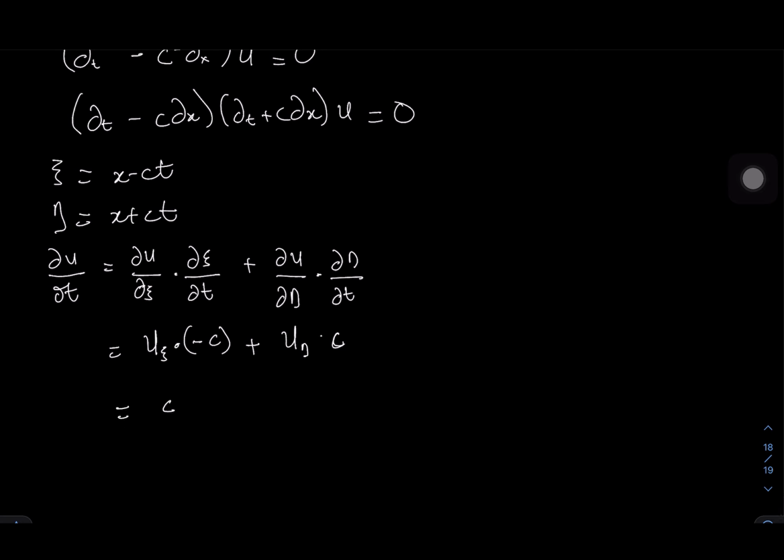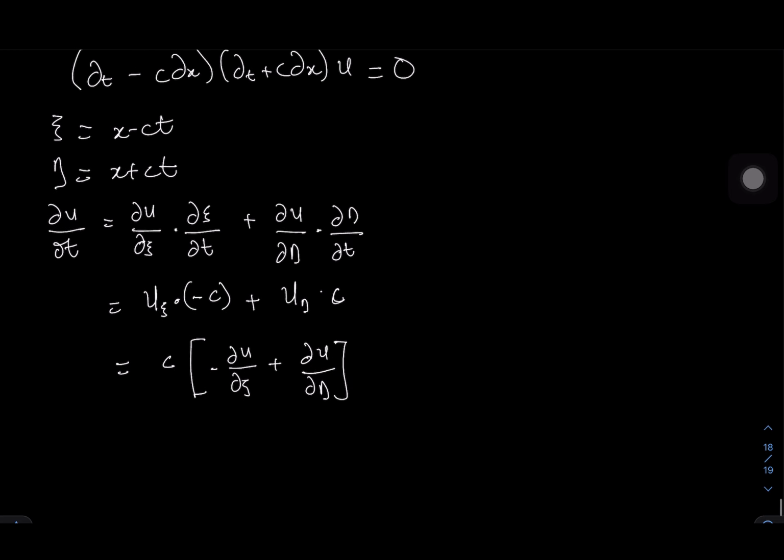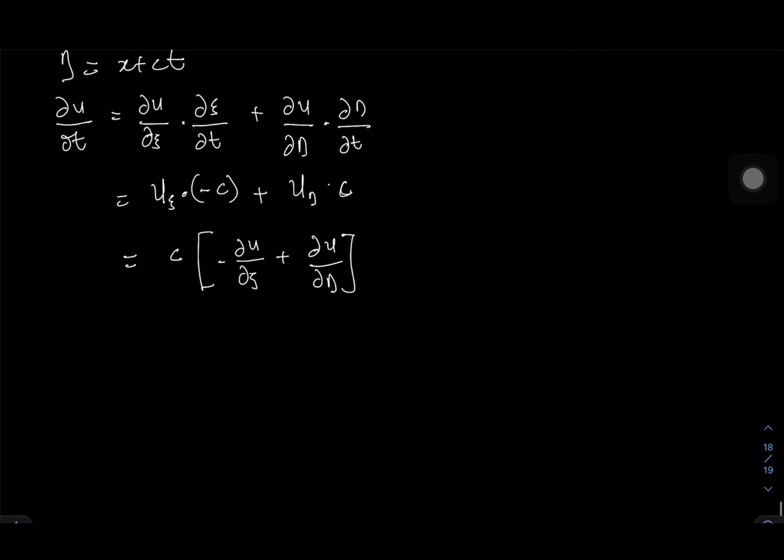You're going to have c multiplying negative del u del c plus del u del eta, right? So this is your del u del t. Remember, we are changing coordinates from x, t to c and eta.